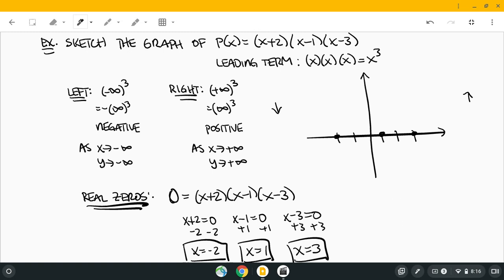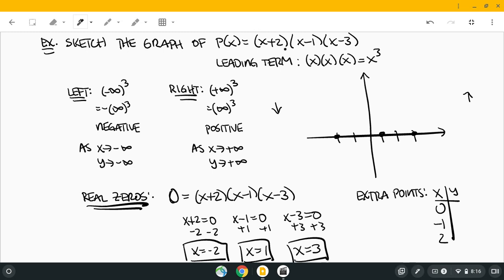Here, extra points. I'm going to choose 0. What else will I choose? Negative 1's a good one. And 2 looks good. So I'll choose negative 1, I'll choose 0, and I'll choose 2.